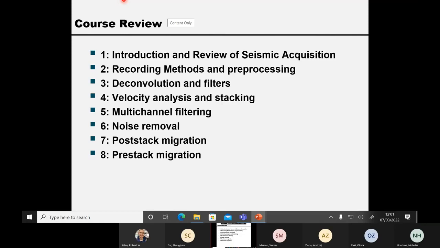So for multiple removal, we just do the NMO and parabolic Radon transform. And then you separate the multiples from primaries. Because it's a transform, ideally it should integrate from negative infinity to positive infinity. But our seismic data always have limited offset, right? We have a boundary. The aperture is limited. So how do we do it? We use the least squares method. We reformulate from a forward problem to an inverse problem. That's it.